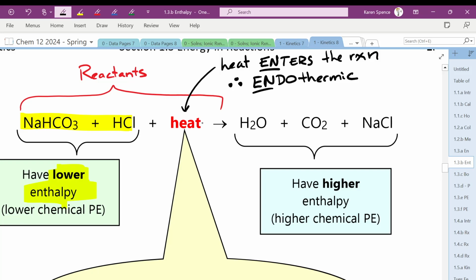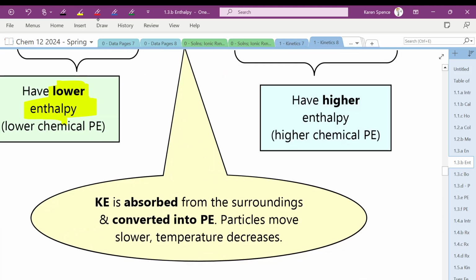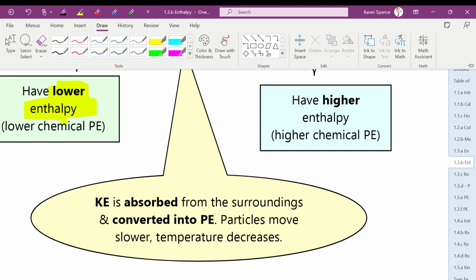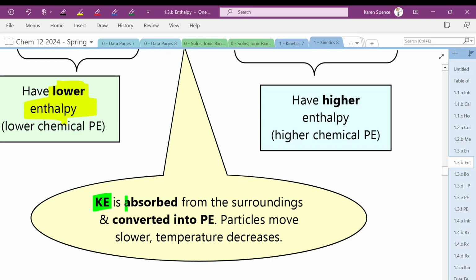Remember, it starts out as kinetic energy, but what happens during the reaction? It changes into potential energy. So kinetic energy is absorbed and converted into potential energy. That's going to make the particles move slower because their kinetic energy drops, and that's going to mean our temperature decreases and it feels colder.